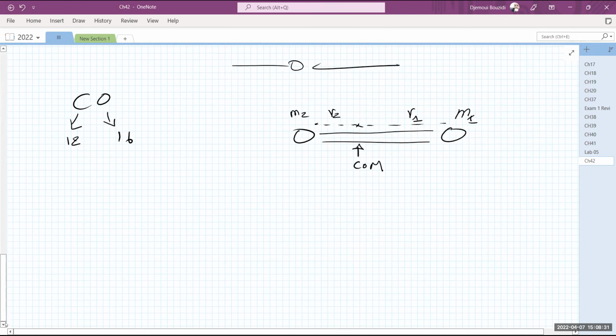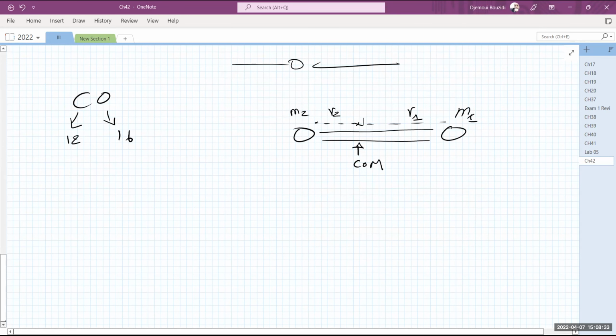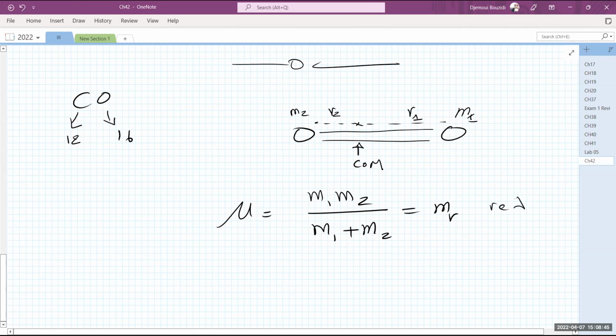In most of the literature, we use for the reduced mass the symbol mu, which is the product of the two masses divided by the sum of the two masses. In this book, they use the symbol mr, okay? So this is the reduced mass. It doesn't matter which symbol you like, it's the same thing. I think in physics 1, we use the letter mu.